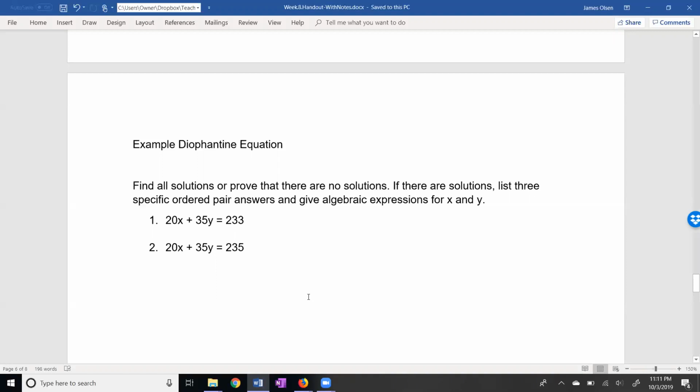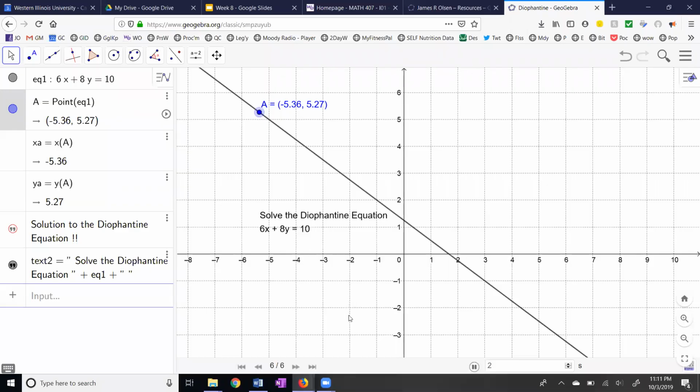I'd like to give you the idea of Diophantine equations because it's easy to grasp by using a graph and looking at it visually. This is GeoGebra, and I will put the link to this GeoGebra down in the description. The equation we're trying to solve right now is 6x plus 8y equals 10, and you might think in your head what the solutions are.